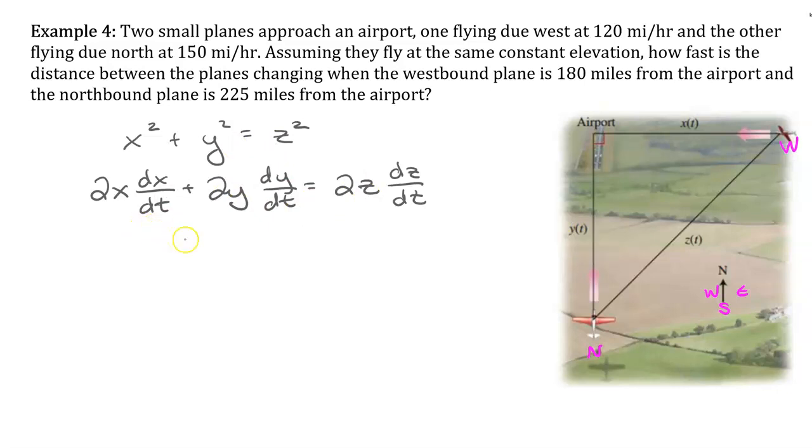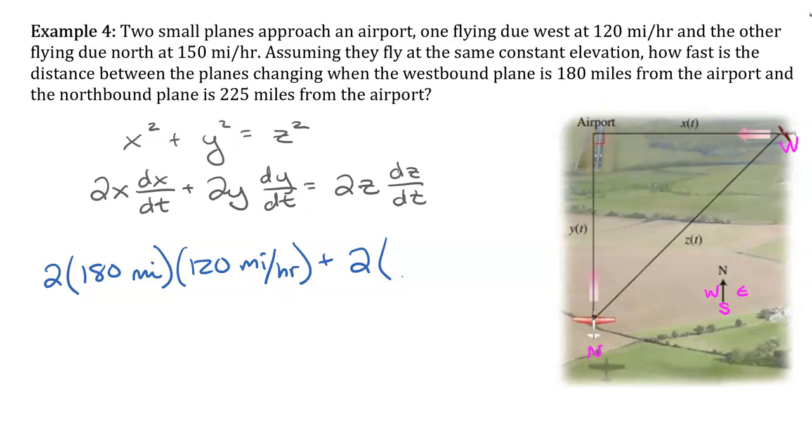Let's substitute in what we know. So if the west one is x, that gives us 180 miles, and it's 120 miles per hour, plus 2 times our y here, our northbound, so it is 225 miles, and 150 miles per hour, equals the rest of it.